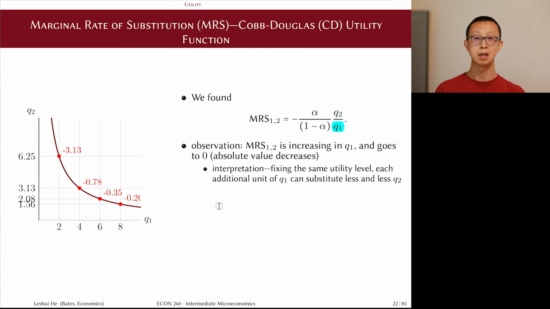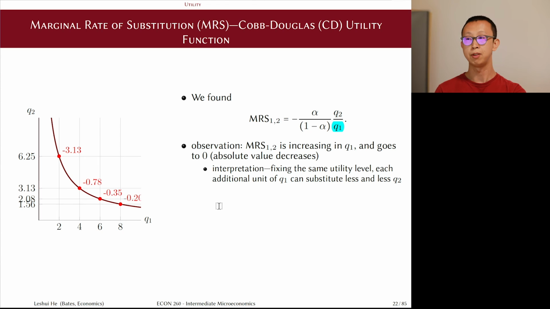What it says is, as I have more and more of good 1, and as you take away more and more of good 2, I start to value good 2 more and more, and therefore it becomes increasingly difficult for you to replace good 2 with good 1. In other words, to take away the same amount of good 2, you will now have to give me a larger and larger amount of good 1 to compensate for my loss of utility coming from the more scarce product in my consumption bundle.